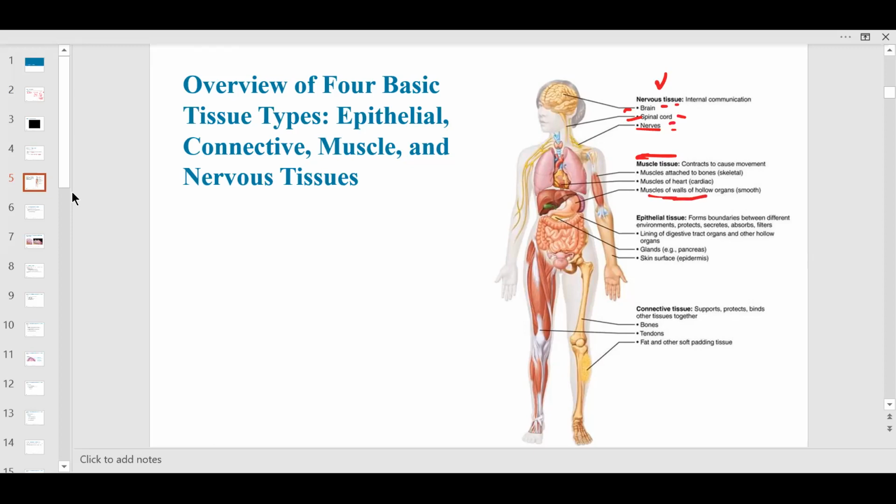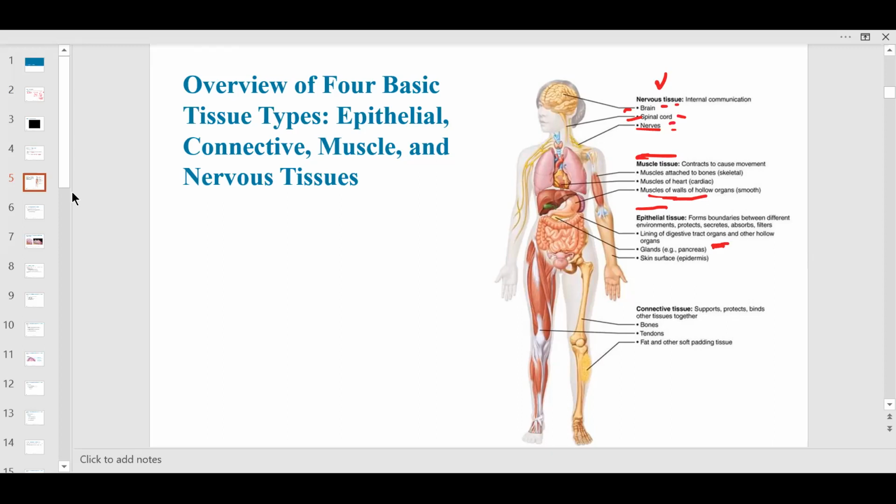Epithelial tissue is about covering and lining things and secreting, sometimes absorbing. Remember, glands are epithelial tissue. Endocrine glands secrete hormones into the blood. Endocrine means into the blood.